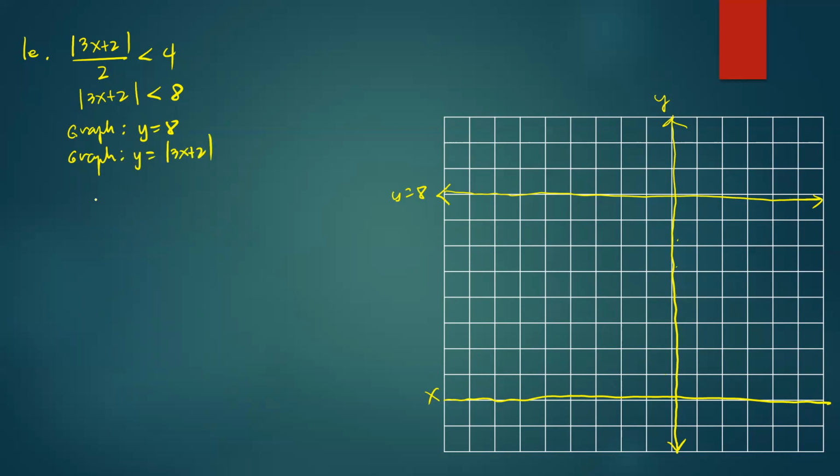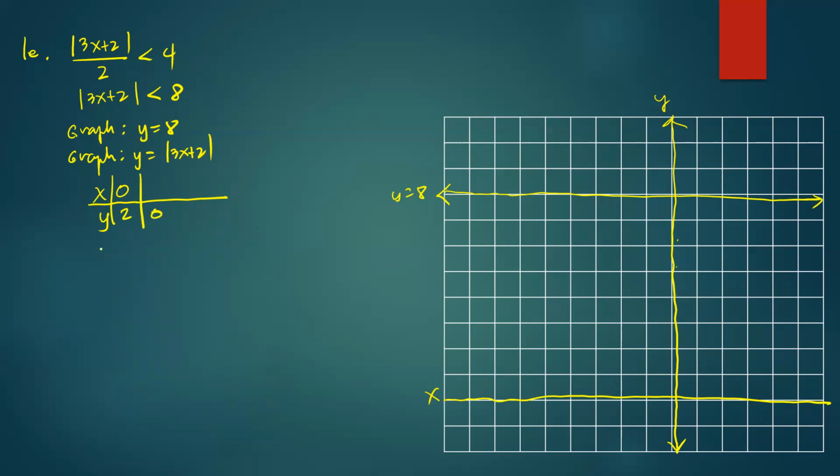Okay, then we are going to graph the modulus of 3x plus 2. Okay, so again, to graph this, we need the table of values, right? So we need first, we set first at 0. So if x is 0, then our y-intercept is 2, right? Then we set y to 0.